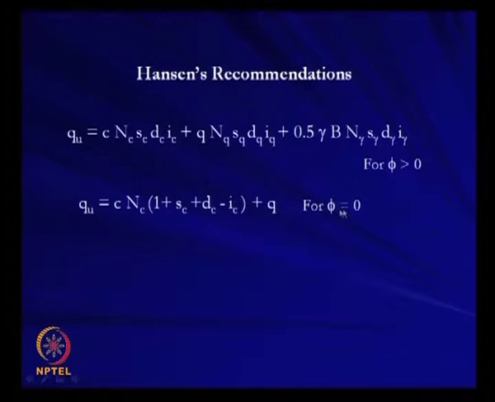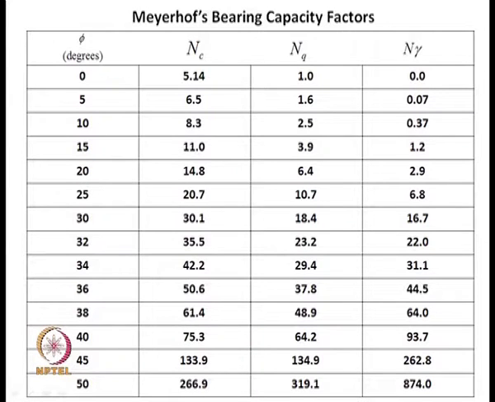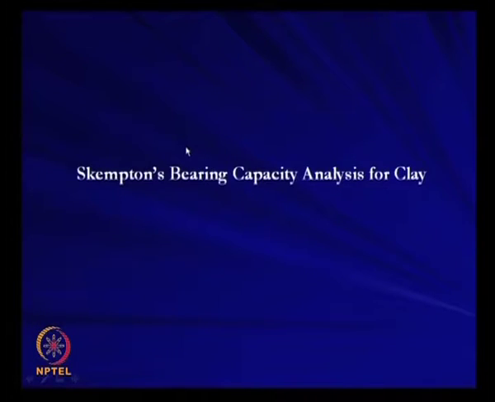Now, if phi is 0, then we can use these expressions, where again SC, DC, IC are the shape, depth and inclination factors. In Hansen's recommendations, it is mentioned that NC and NQ, these two bearing capacity factors, are determined similar to the Meyerhof NC and NQ values. That means, by using the Meyerhof table we can determine NC and NQ for Hansen's analysis also.